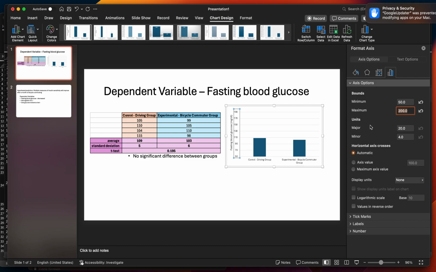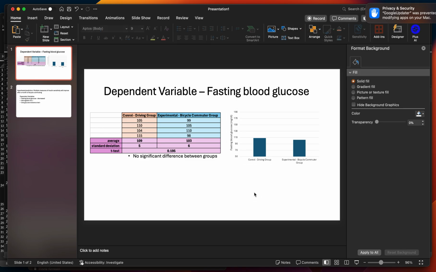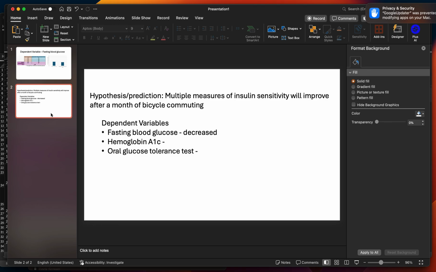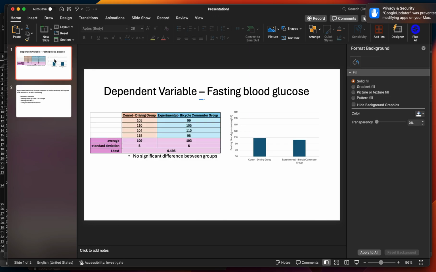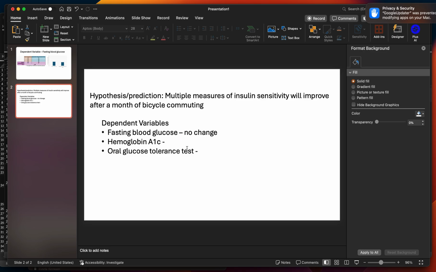It can get lower, can get higher, but especially when you put it in a more physiologic realm of these numbers, you can see there really is no difference. It only looks like a difference when you're zoomed in super far. Fasting glucose, no change, right? Because there was no significant difference between the groups. So, no change.